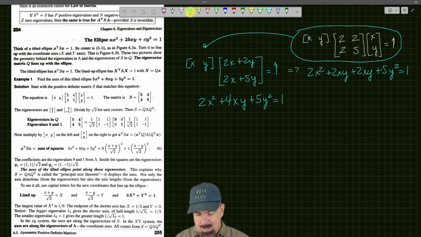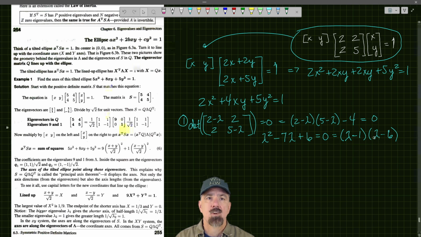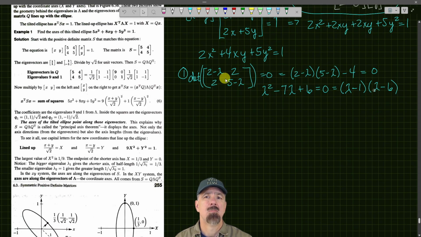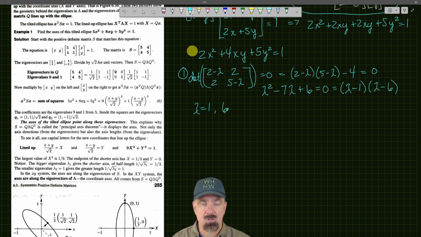But let's back up for a second and take a look at the diagonalization of this item here. This is symmetric. This matrix is guaranteed to have real numbers for its eigenvalues, and it's going to have orthogonal eigenvectors. Let's take a look. I've started the process here of calculating the eigenvalues and the eigenvectors. Just as practice, obviously we could do this in MATLAB, and what we find is we have lambda equal to 1 and lambda equal to 6.